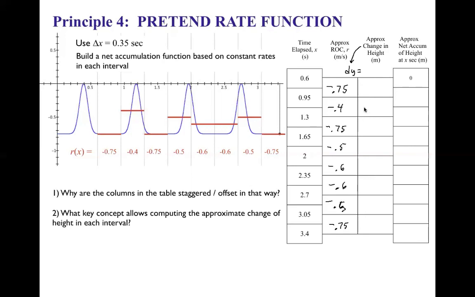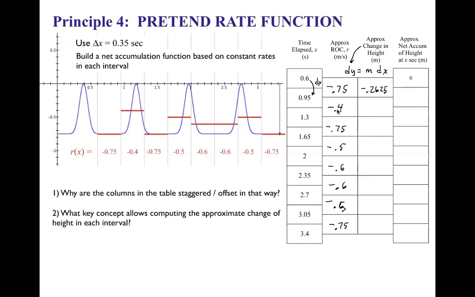Engineer M. Right, so here's our constant rate, m, times what's our dx? So our dx is the 0.35. So when you multiply the rate, negative 0.75, times the change in x, 0.35, you get negative 0.2625.